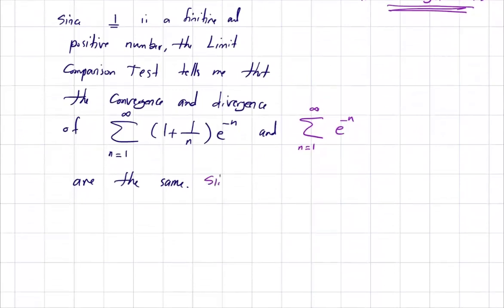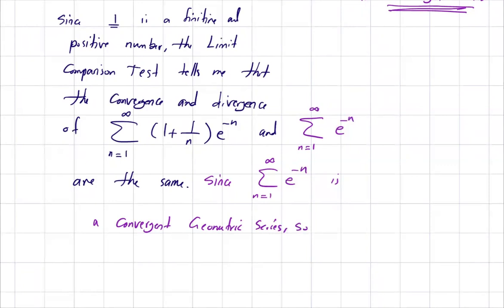Since the series e to power negative n, n starts from 1 to infinity, is a convergent geometric series, the series of 1 plus 1 over n e to power negative n, starts from 1 goes to infinity, is also convergent.